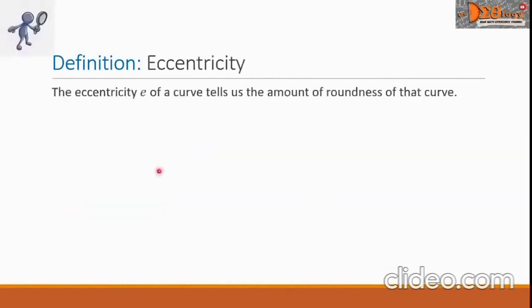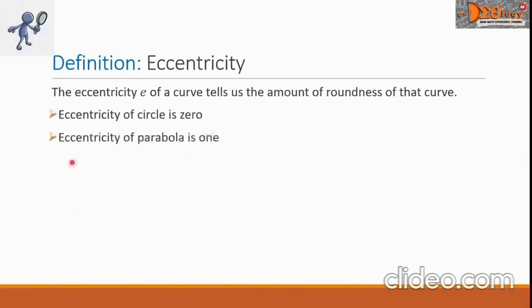Now let us define eccentricity. The eccentricity, denoted by e, of a curve tells us the amount of roundness of that curve. Take note that the eccentricity of a circle is 0. The eccentricity of a parabola is 1. The eccentricity of an ellipse is between 0 and 1.